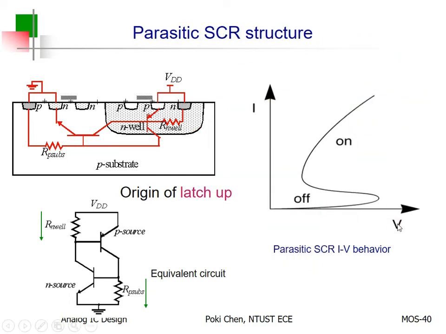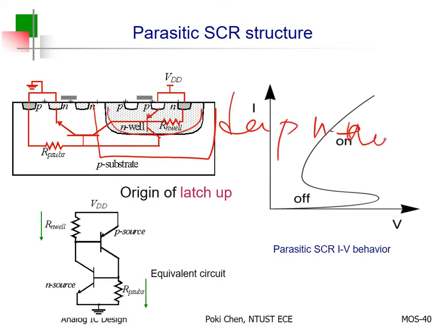Since it is deep, so it is deeper than such kind of N well. So this is the deep N well. Okay? And then inside deep N well, you can fabricate P well. Got it?